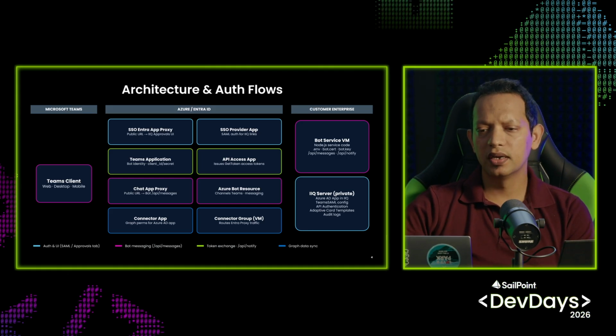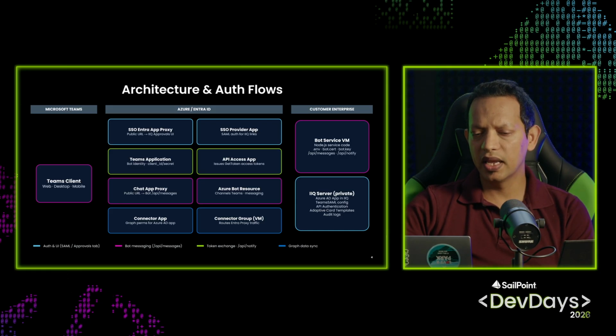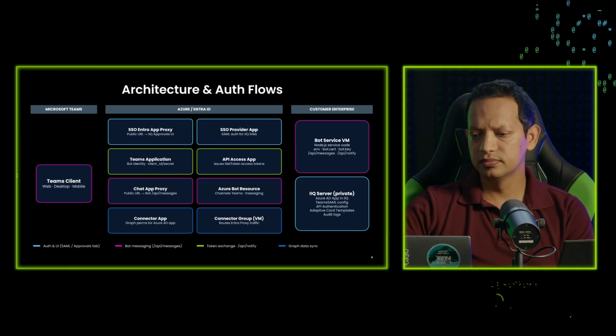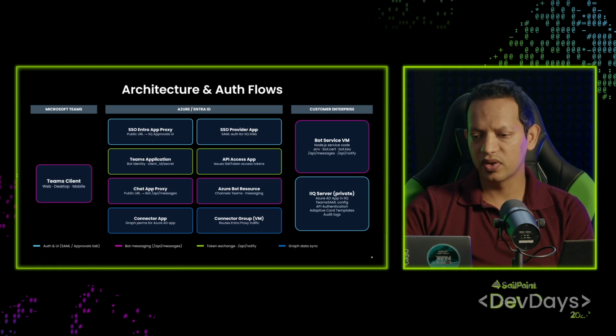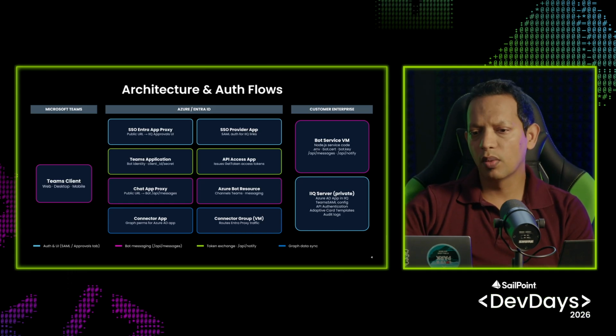And then you have a customer enterprise where you have your bot server VM, your connector server VM, and your IIQ server VM. Now, within this Azure Entra, there are 8 components that you have to configure, and I will go over these components in detail in the coming slides.